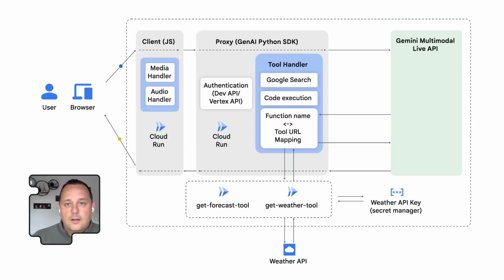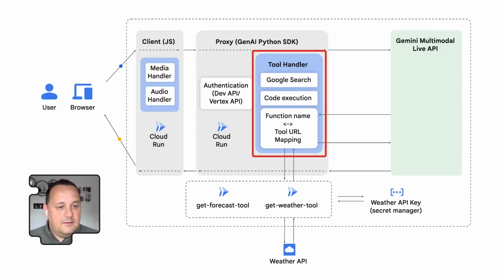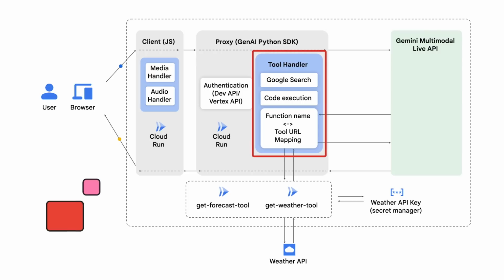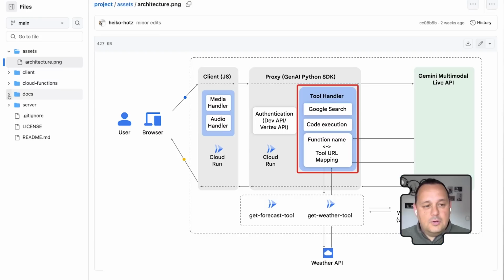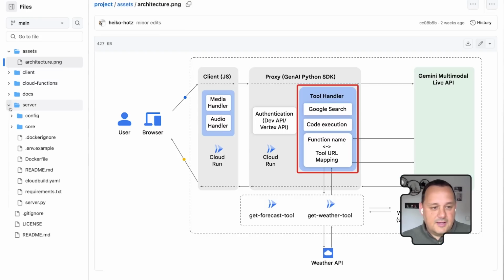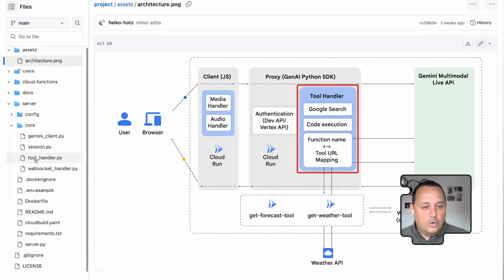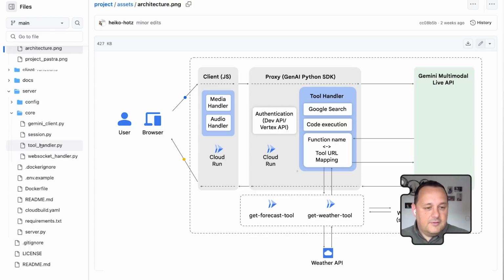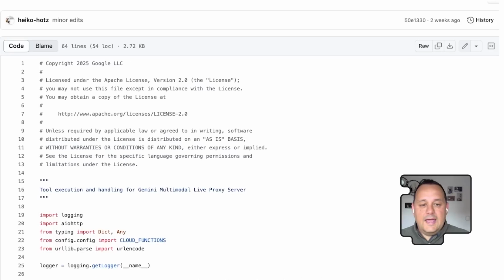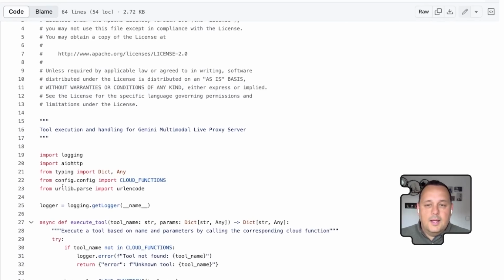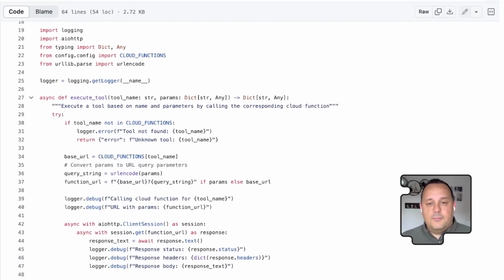But for now, let's just have a look into this tool handler itself in order for you to understand exactly what is happening. So the tool handler is on the server side and in the core of the server-side code. So the tool handler basically executes a tool that comes back from the Live API.